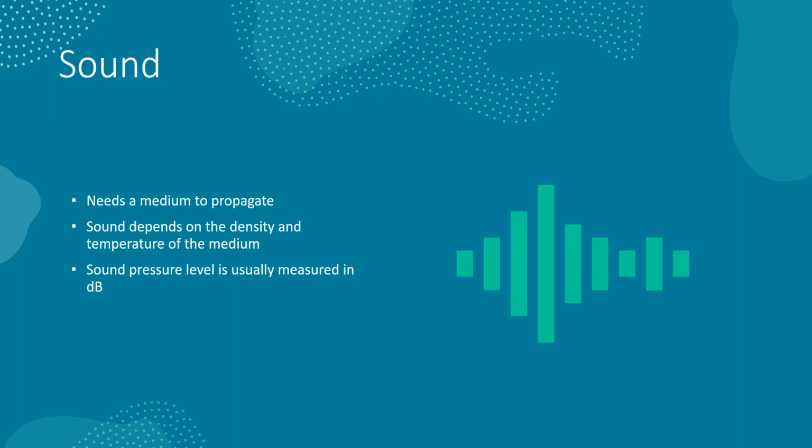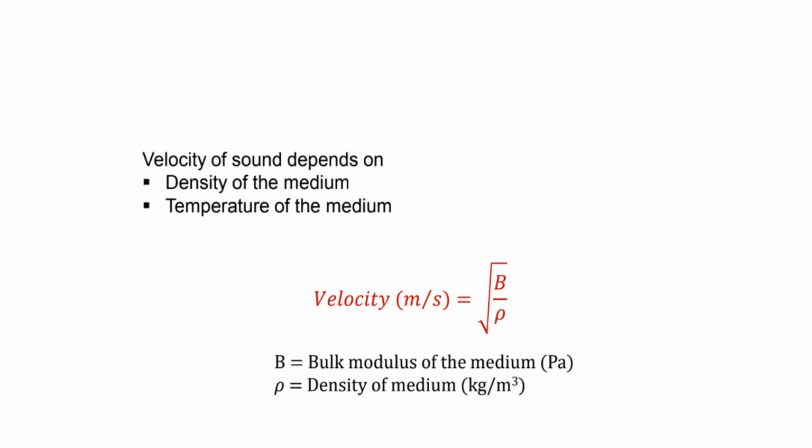Mostly, when we speak about sound, it propagates via air. Sound can still propagate through metals, water or multiple mediums. It depends upon the density and temperature of the medium.